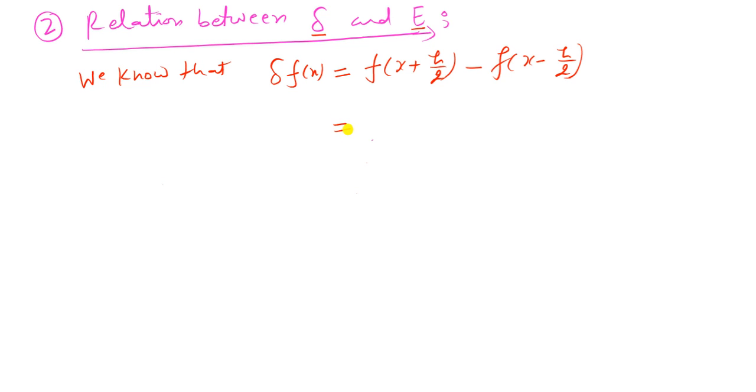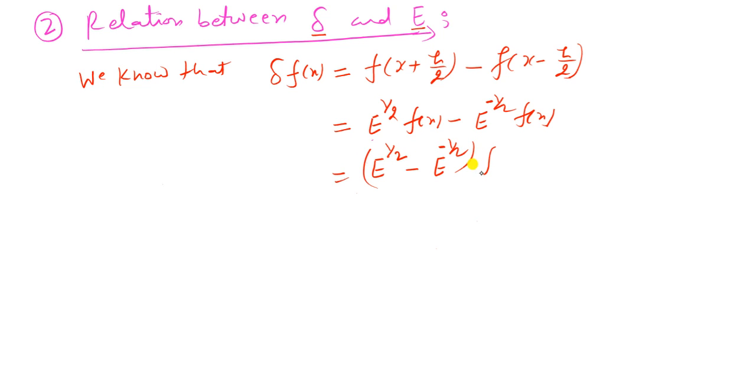So using the definition of the shift operator, we can write the right hand side into the form of E raised to the power 1/2 f(x) minus E raised to the power minus 1/2 f(x). Now E raised to the power 1/2 minus E raised to the power minus 1/2 f(x), this is equal to delta f(x).